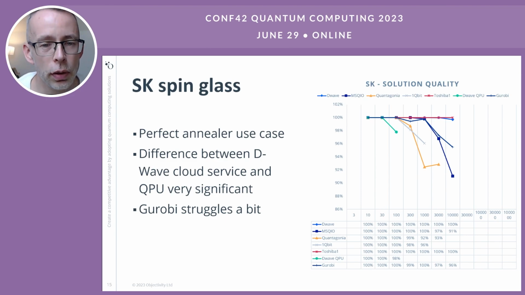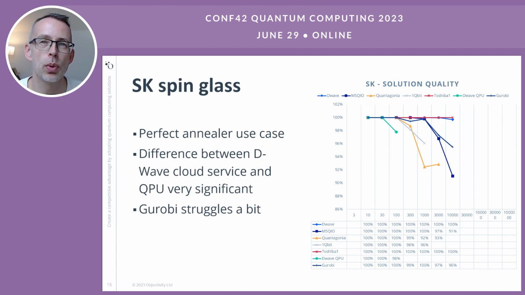Now let's go in a little bit more detail slowly for this particular case and familiarize ourselves with what we tested. So the light blue line is D-Wave. It's the D-Wave cloud service. That uses the D-Wave quantum processor supplemented by a large amount of classical computing resources.